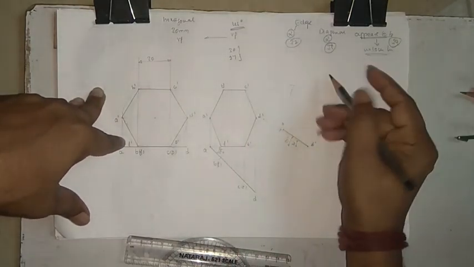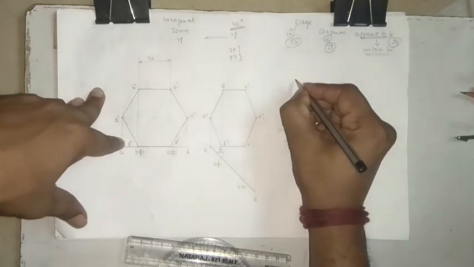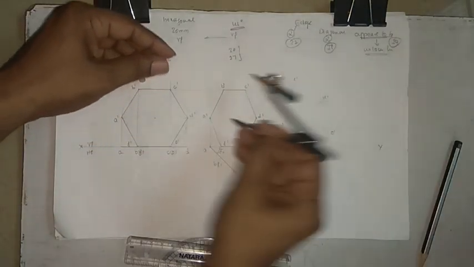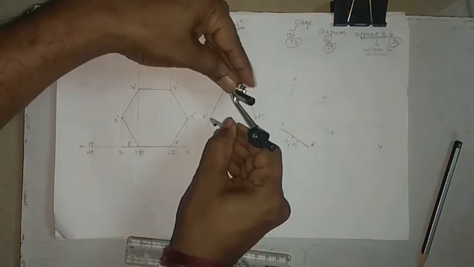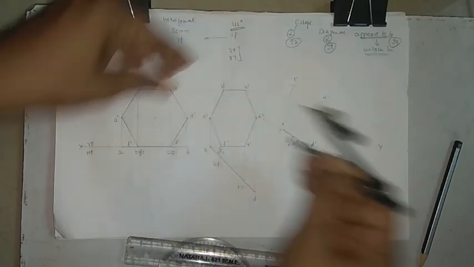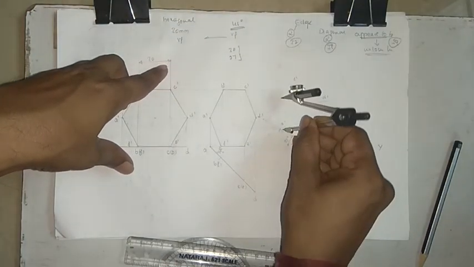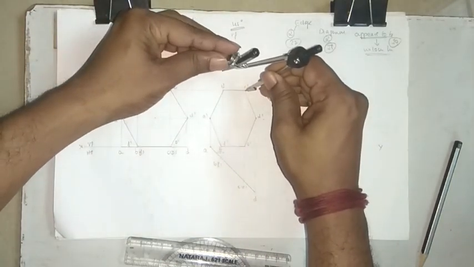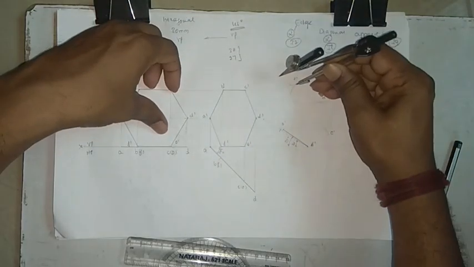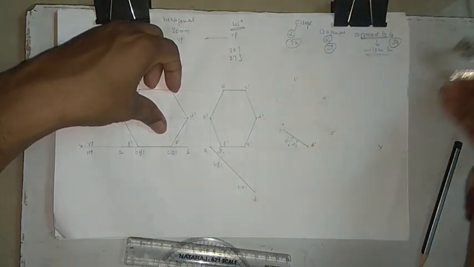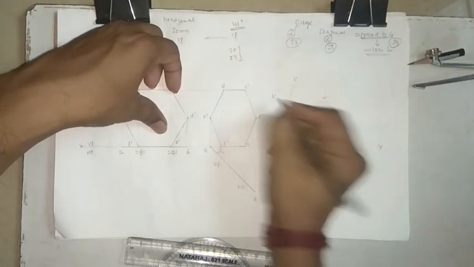Okay, so this is our D dash, this is C dash, and the last one is A to B, then C to B. Okay, so this is our B dash.